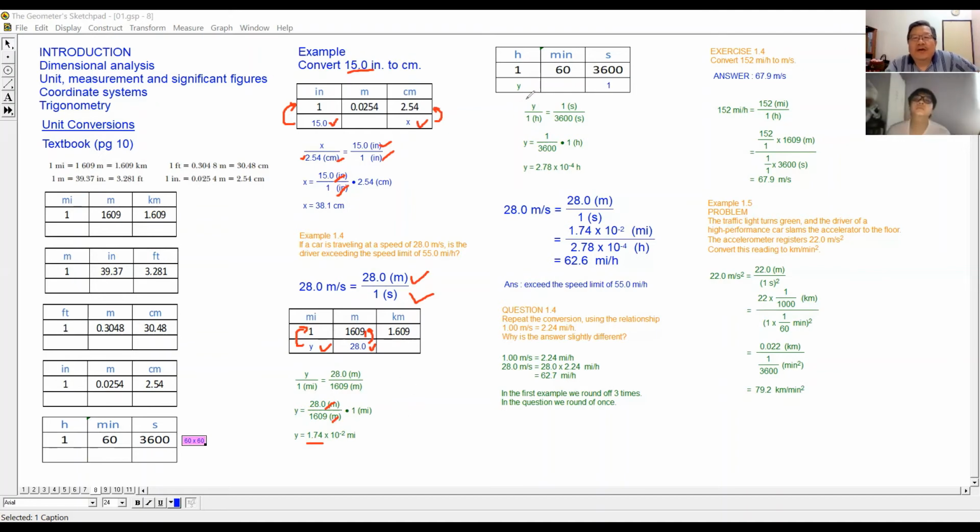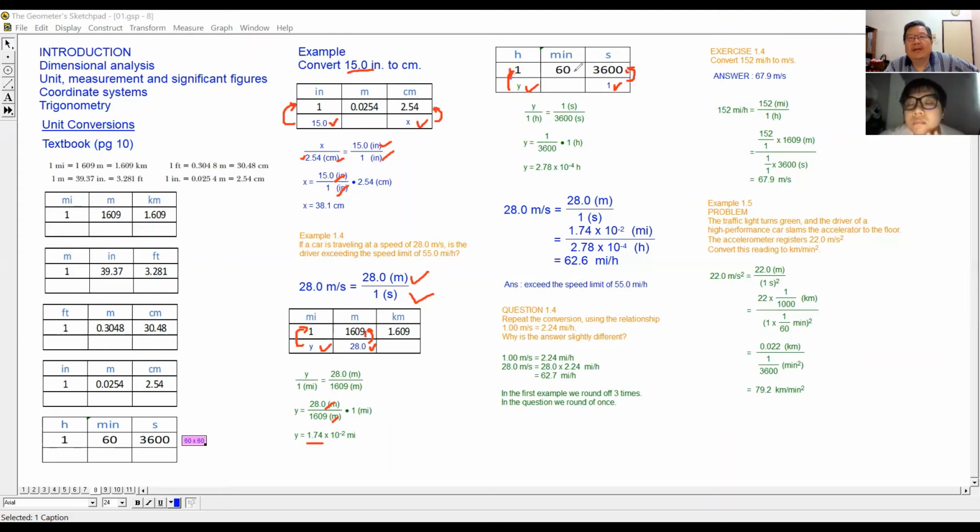Now I want to convert second to hour. Again, I use the table here. 1 second I want to convert; how many hours, I don't know, so I call it Y. The second is 1. So 1 divided by 3600 is Y divided by 1.